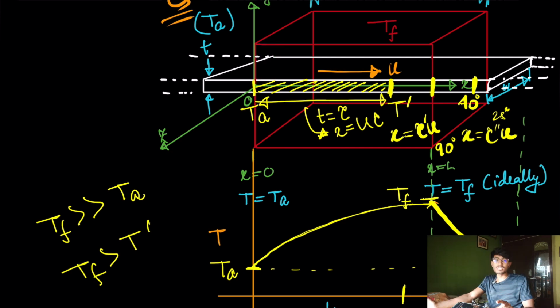Maybe at 12 o'clock I am entering the furnace sitting on the metal sheet. When I enter, I am suddenly exposed from 25 degrees Celsius to an environment of 100 degrees Celsius. That is a shock for me. Maybe at 12:15 I see that my temperature has increased to 70 degrees Celsius.